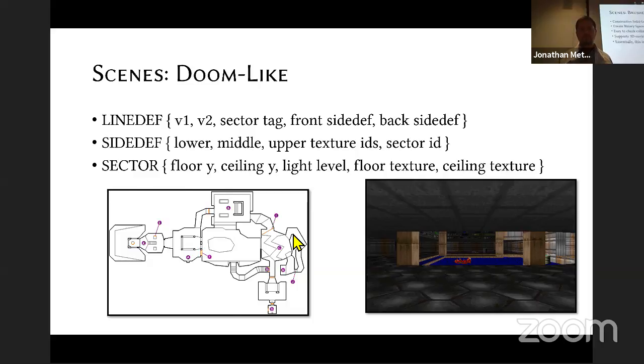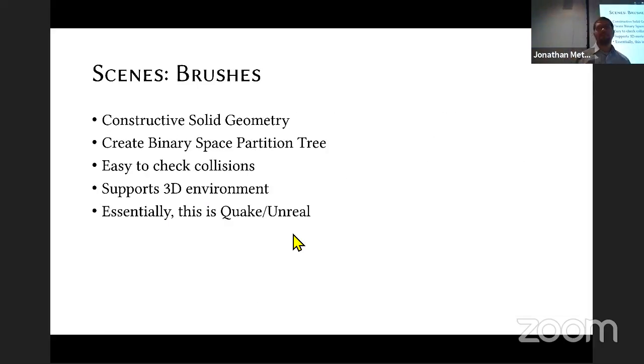So the next approach essentially is brushes, and brushes has pretty much been used since Quake to do 3D modeling for games. All right, so if you use Unreal Engine, you basically construct things out of solid objects, right? And those objects can either be inverted or they can be normal.